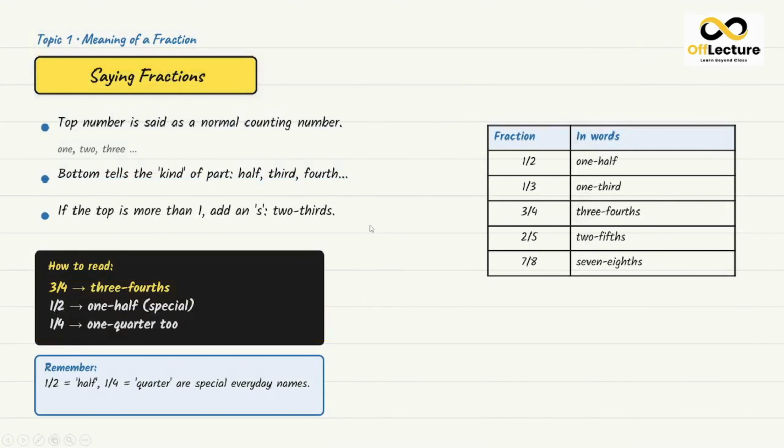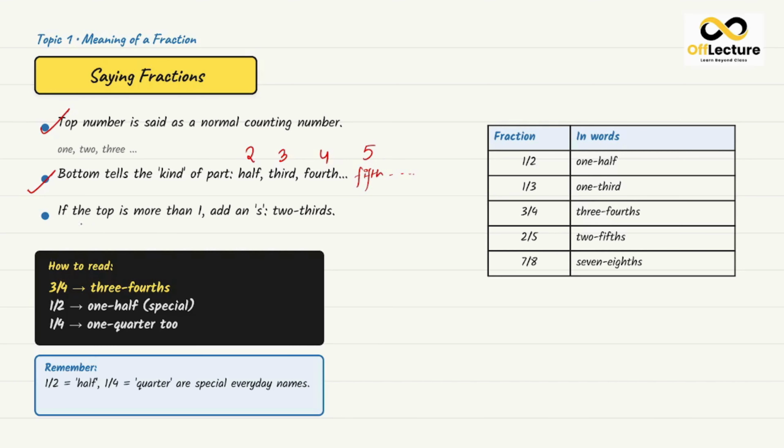Now let's see how we say fractions. The top number is said like a normal counting number: 1, 2, 3, 4 and so on. The bottom number tells us the kind of parts: 2 is half, 3 is third, 4 is fourth, 5 is fifth and so on.